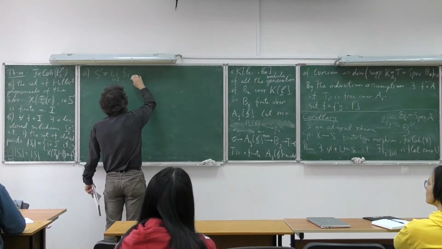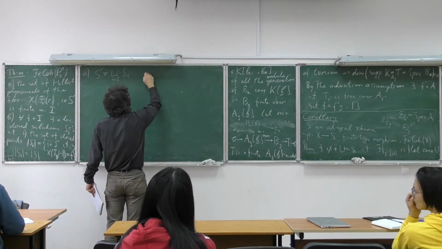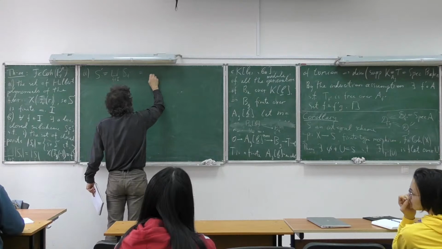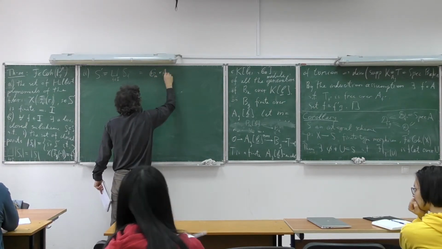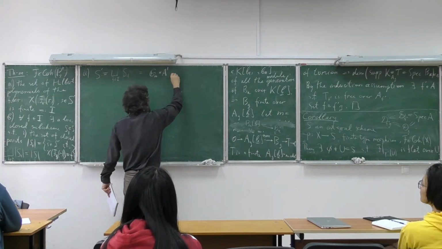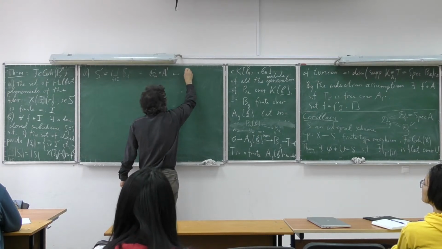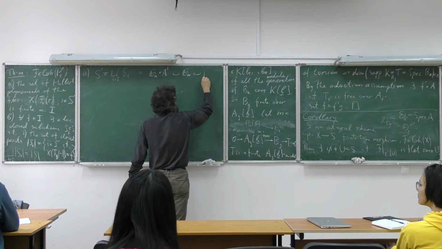So, for example, it could be like in a similar example: you take the plane without a line, and the disjoint union of the line without a point, and then the disjoint union of just one point.